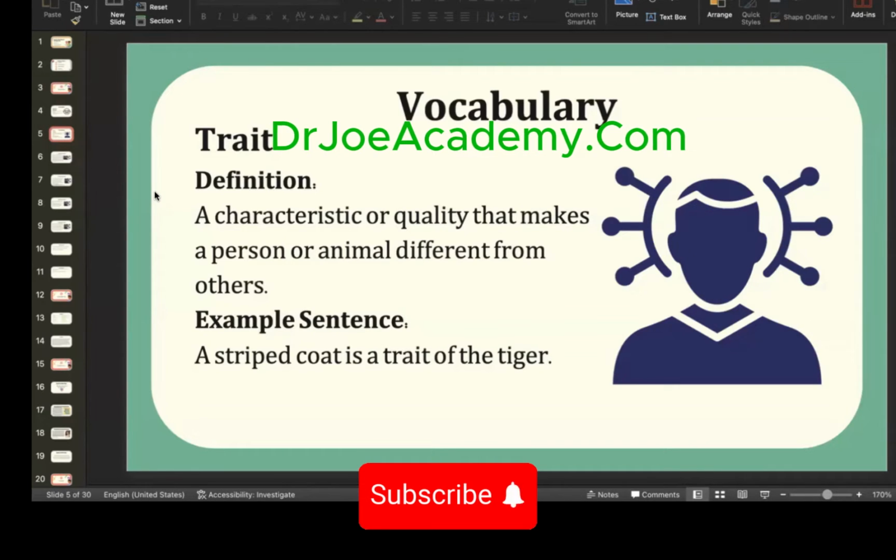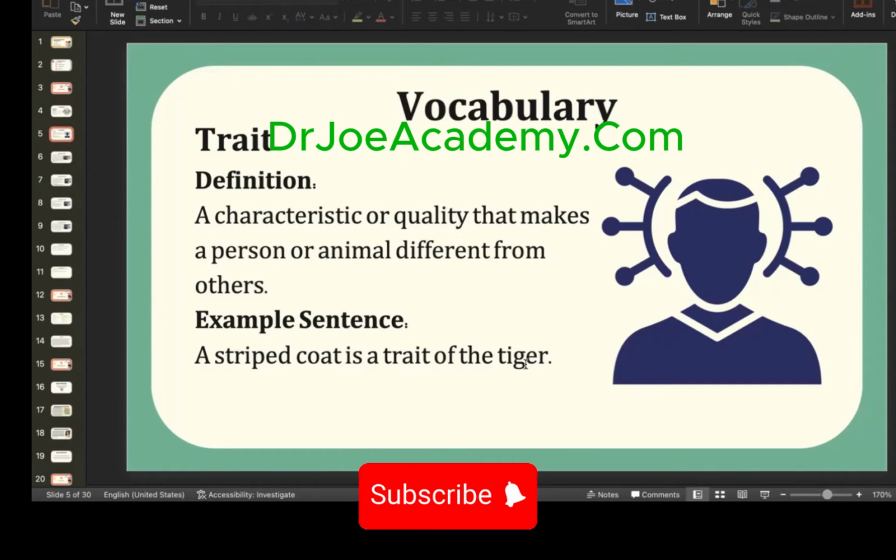Different. Right. So it is something that makes a person or animal different. So it's kind of like a descriptive word. If we read this sentence, a striped coat is the trait of a tiger. What is the trait of the tiger described in the sentence?